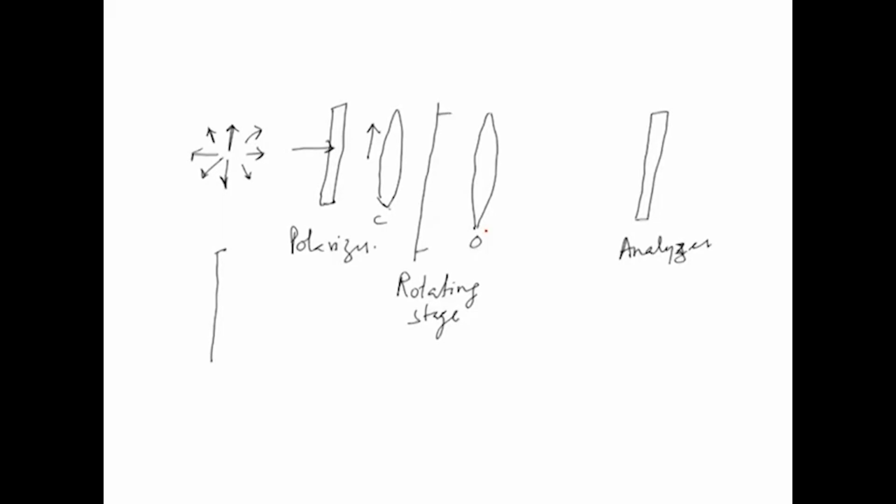Now, light will pass through the analyzer, and many times you might have a compensator put in here. We will discuss the function of the compensator later on. And then there will be the eyepiece, which is the ocular lens. This eyepiece has a particular property that it is fitted with crossed wire reticles or graticules to mark the center of the field of view.